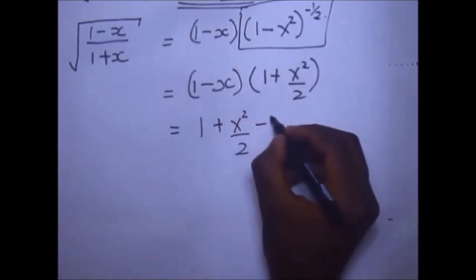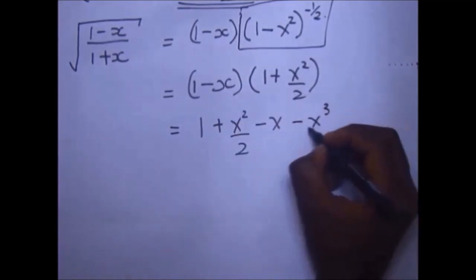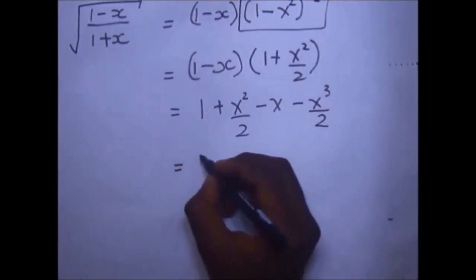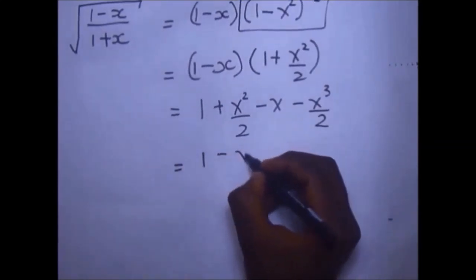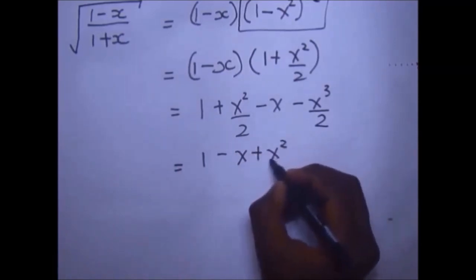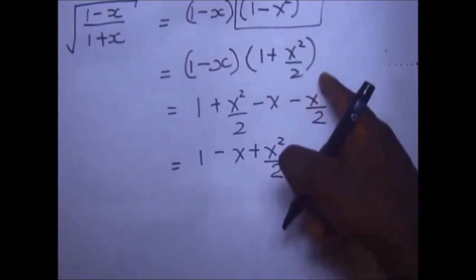This times that is minus x. This times that is minus x³/2. So there we shall get our answer as 1 - x + x²/2. We shall ignore this. Why?